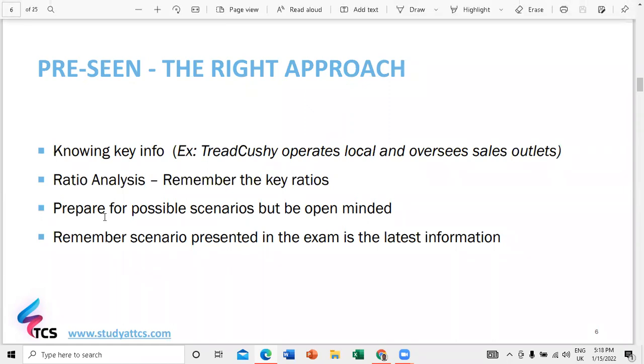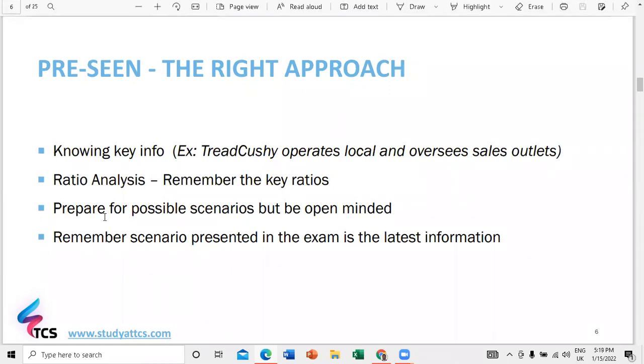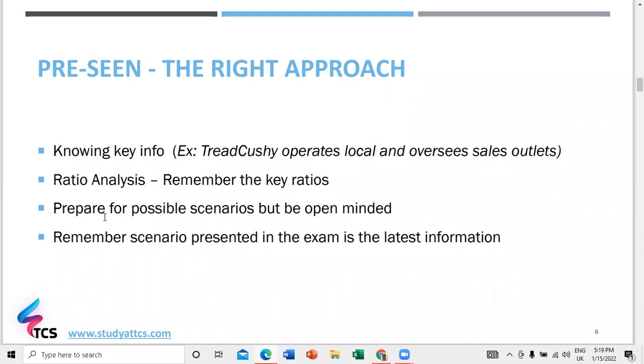Okay, and at the real exam, you have to prepare yourself for possible scenarios, but you need to be open-minded. Why do you need to be open-minded? Because the examiner is trying to replicate a real-life work environment, as I told you guys earlier. When you are employed within a company, definitely you won't know the type of tasks which will be allocated to you by your managers or the senior management.